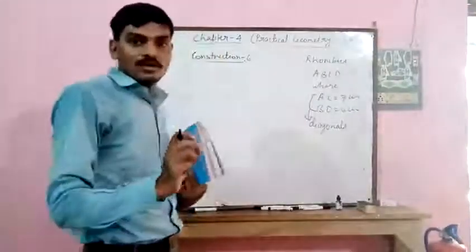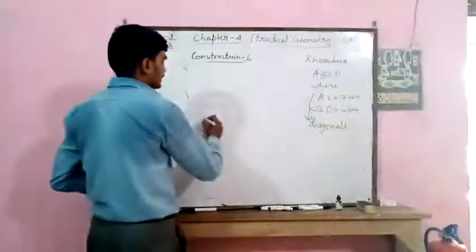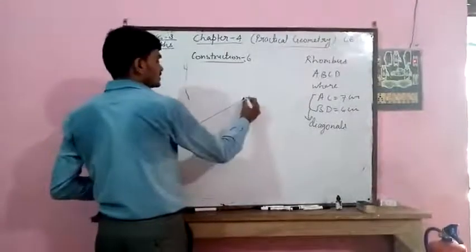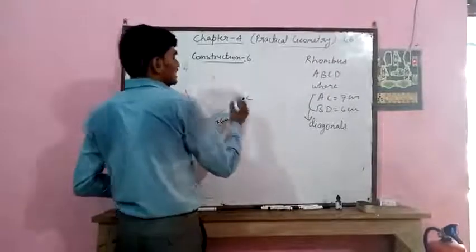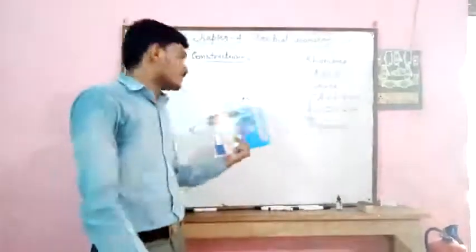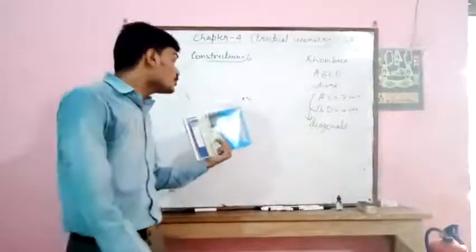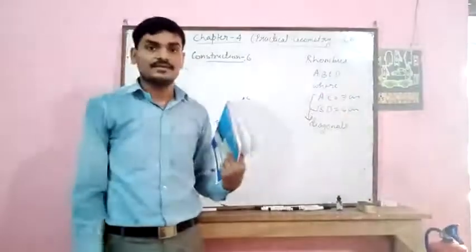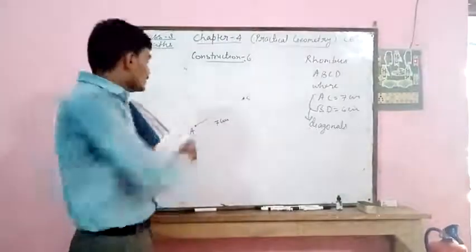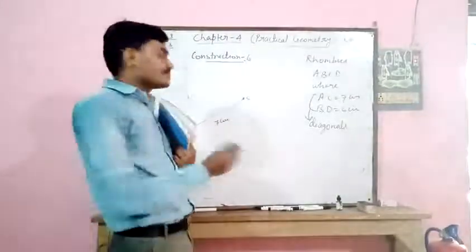So first of all, you should draw AC, which is 7 centimeter. This is A, this is C. Now you should draw the perpendicular bisector of AC.